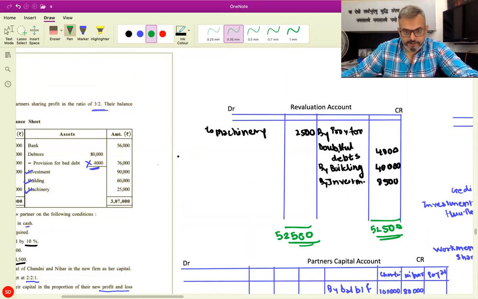Profit, credit side is more. Two partners' capital account.